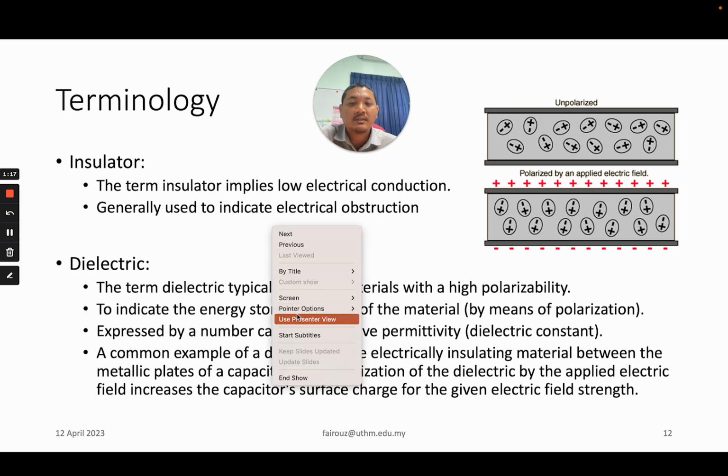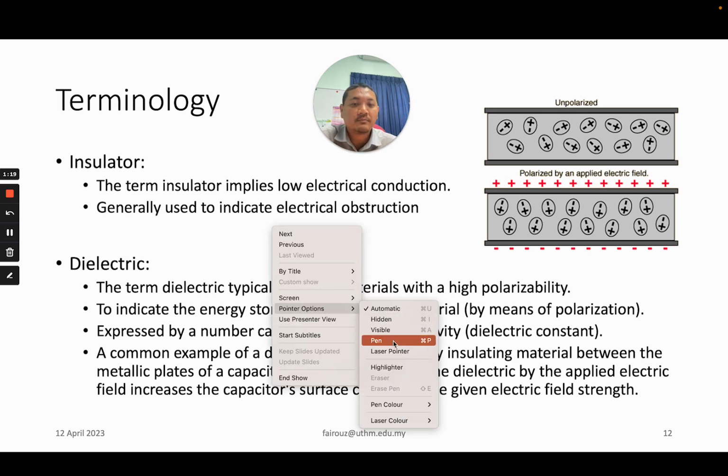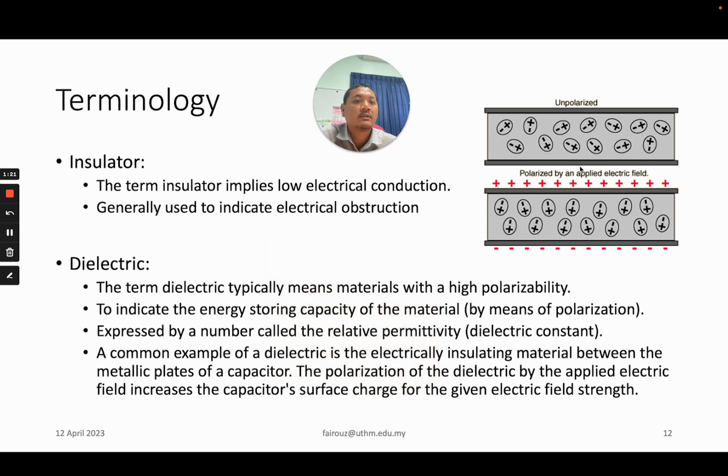So in order to understand that, let's look at this figure here. This figure shows the conductor, and in between the conductors we have insulator or dielectric materials, right?